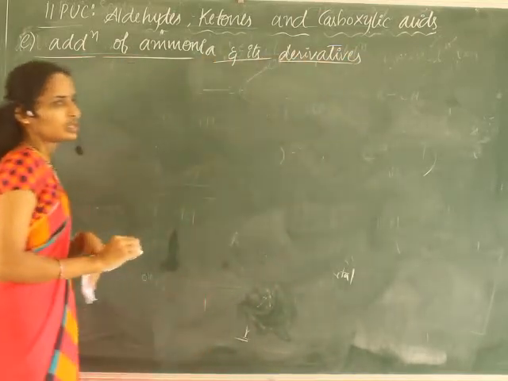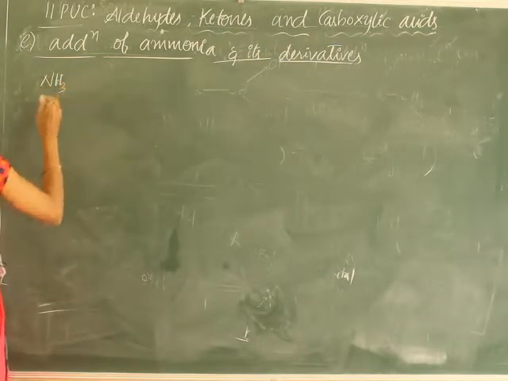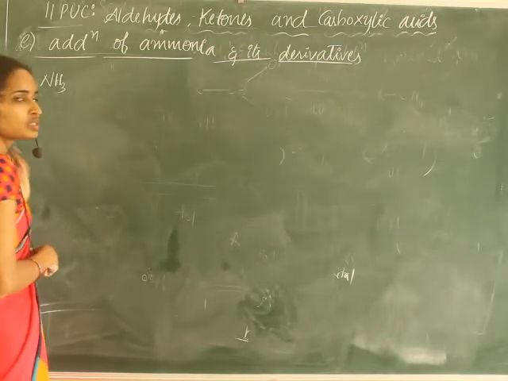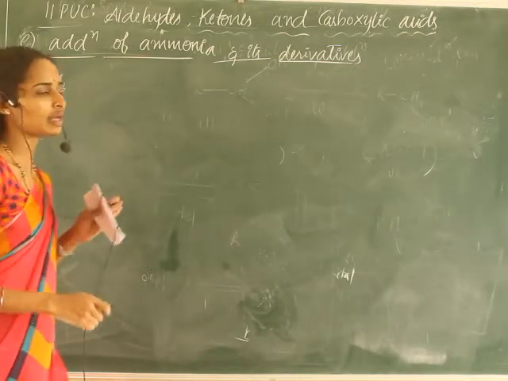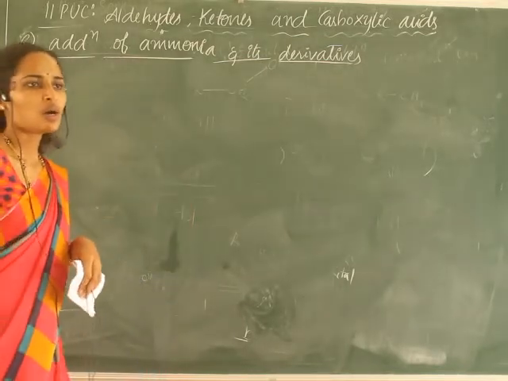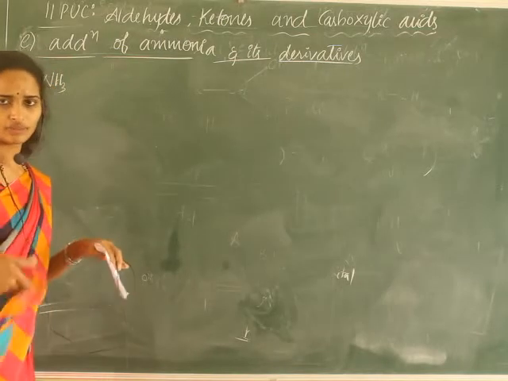So ammonia, we know the formula NH3, and its derivatives. That is, if you replace one hydrogen atom by any other group like alkyl, aryl or NH2 groups, then it results in the formation of its derivatives.